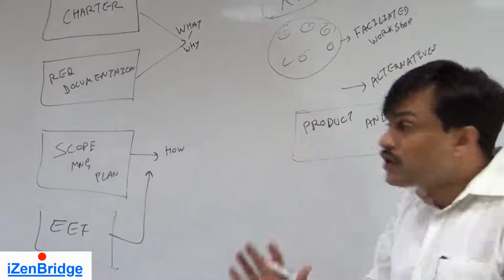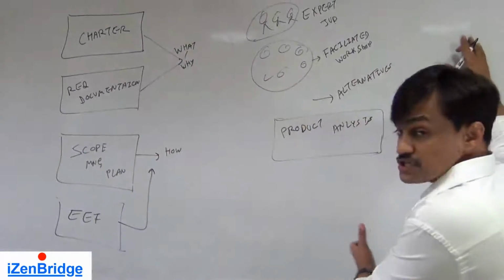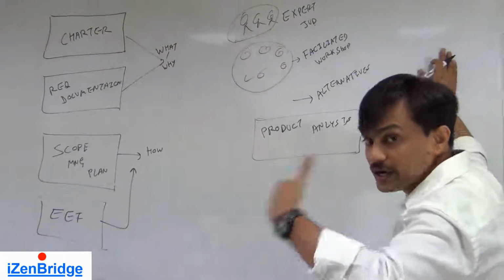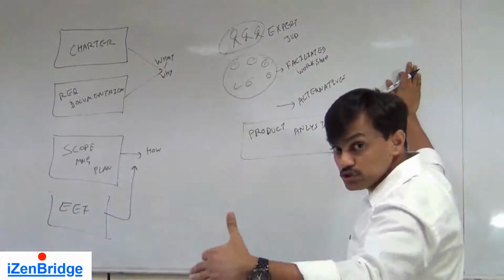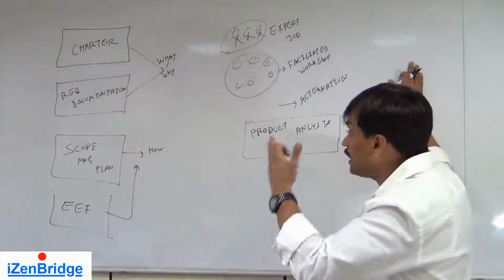So the complete focus is converting this requirement documentation into a scope statement which gives us an elaborated way of working. And by working on this scope, we should be able to meet the requirement.